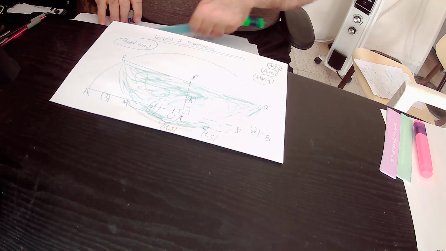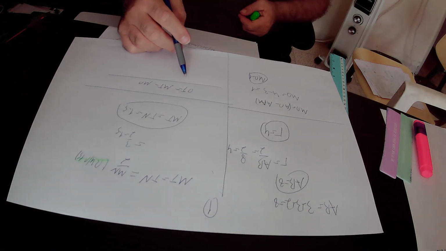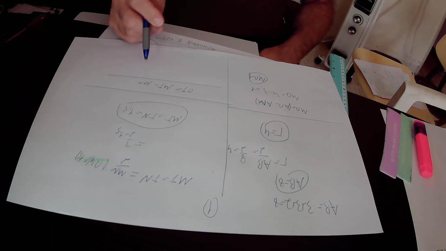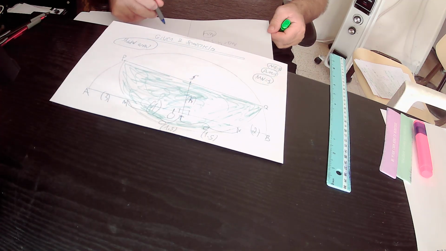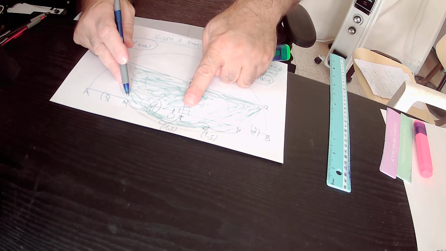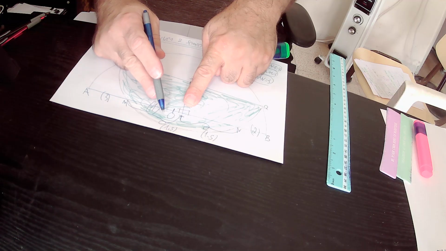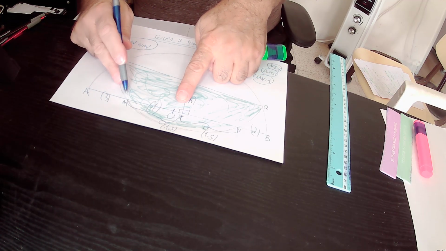The length of the short line segment OT equals MT minus MO. MT is 1.5 minus MO, which is 1.